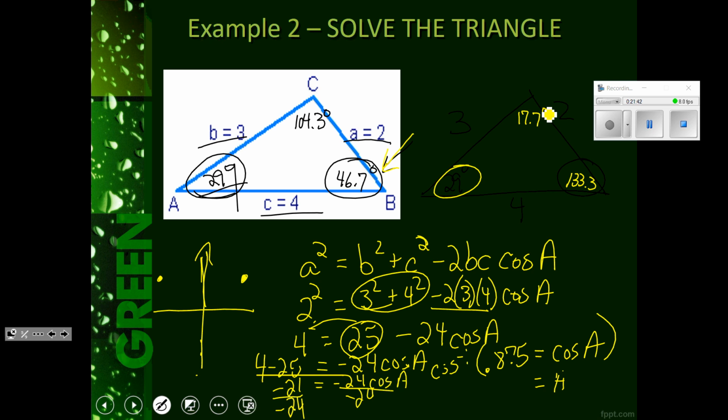Okay, exactly. So here, the smallest angle is opposite from the largest side. So yes, you have to check.